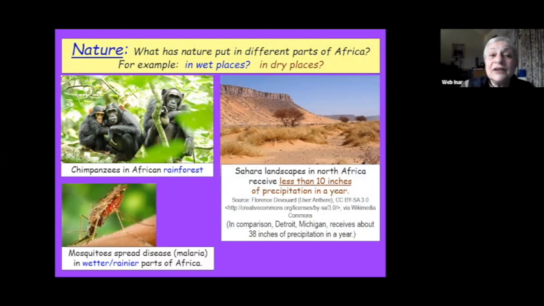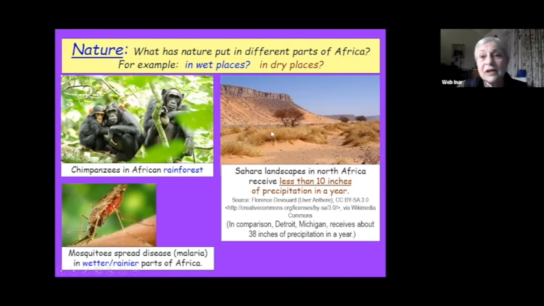Examples of nature layers. What do we find in wet places? Charming chimpanzees in the African rainforest, very enlightening name. Also in the African rainforest, wherever it is rainier, parts of Africa have mosquitoes. We will find there is a problem mosquito that spreads malaria, which is terrible, particularly for pregnant mothers in Africa.